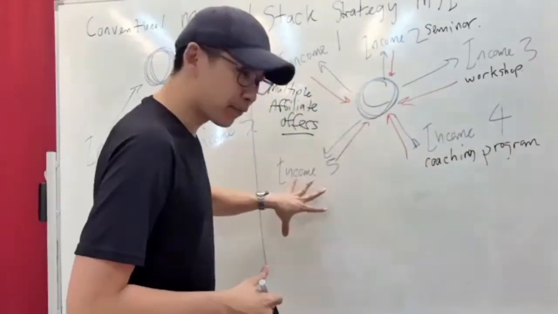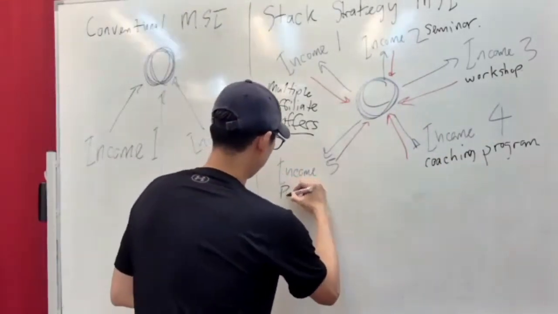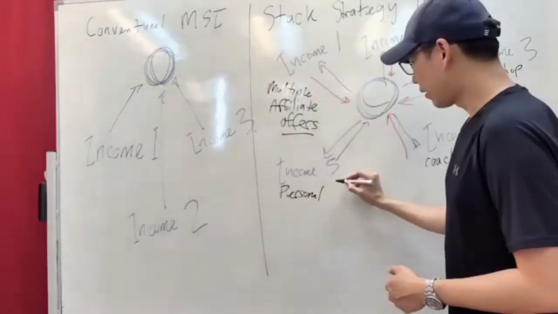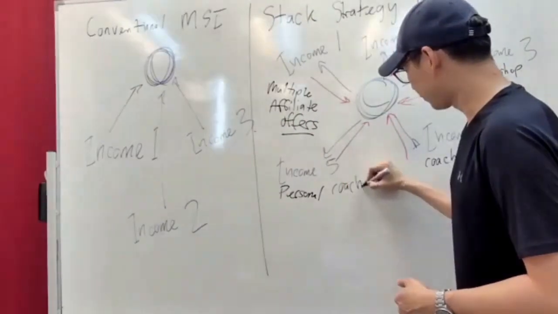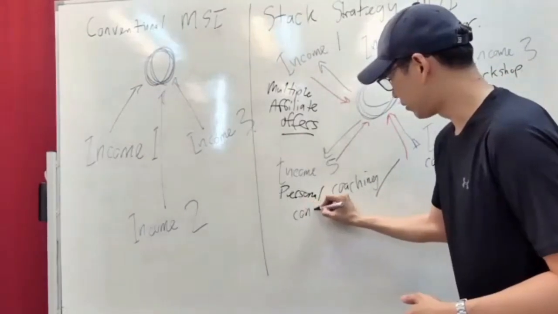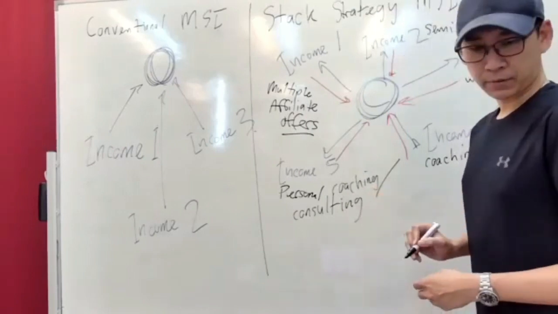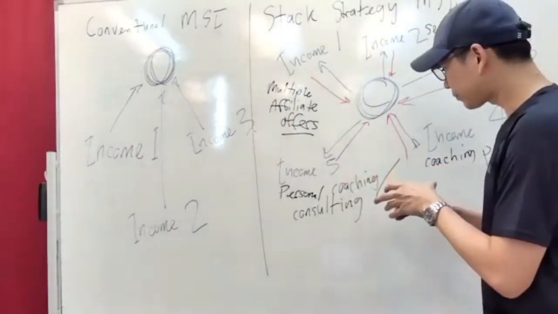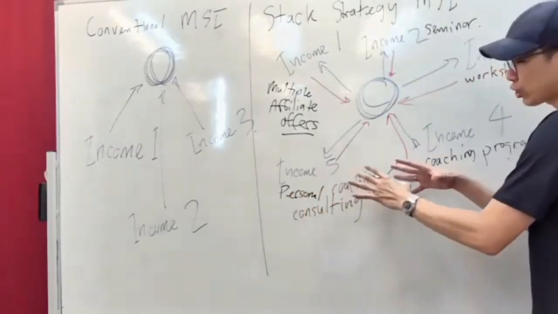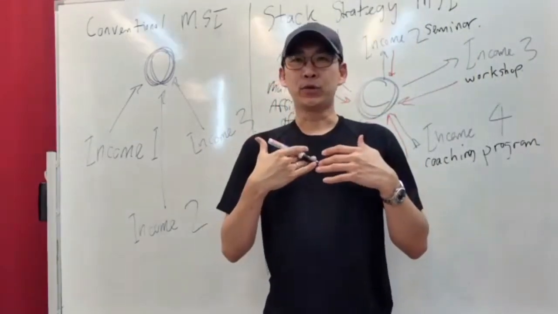And income number 5 is basically personal coaching or personal consulting, right? Depending on your niche. The difference between coaching and consulting is this. Coaching does not mean you're out there to teach them more.